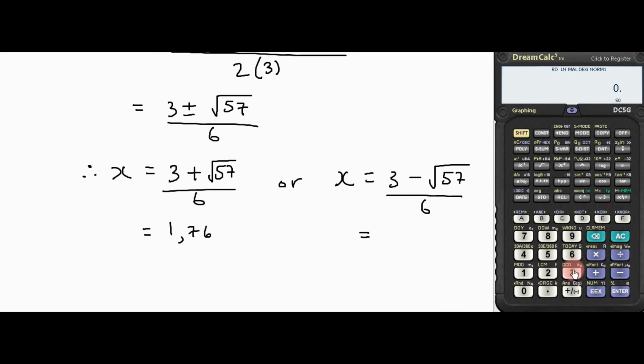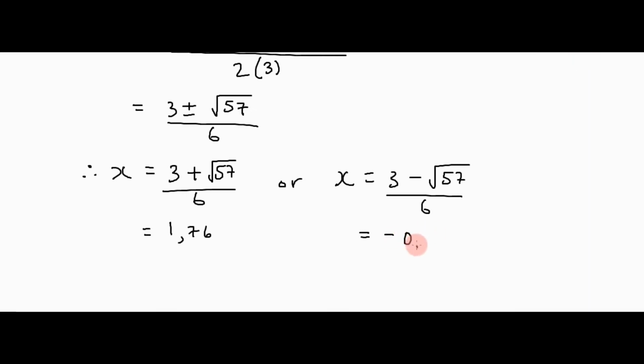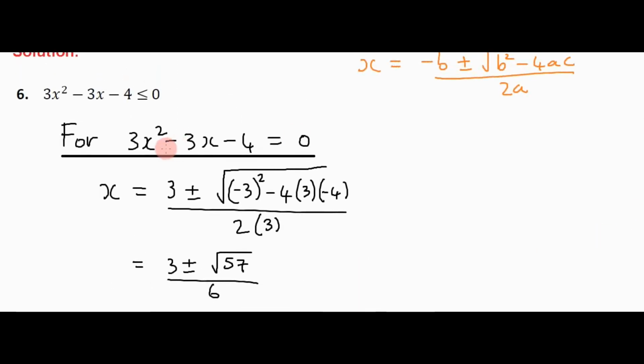And we also want 3 minus the square root of 57 divided by 6. And it's negative 0,76. So negative 0,76. These are the roots then when we solve for x in this equation.